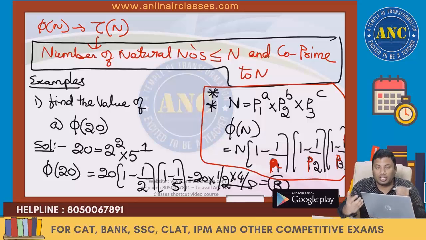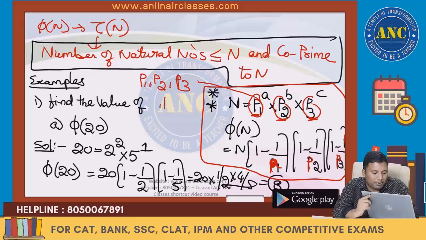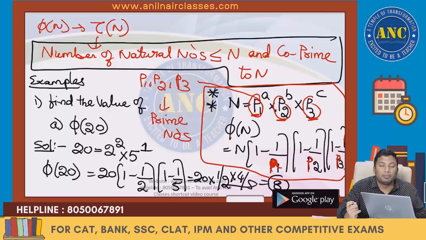There is a confusion in previous textbooks. They write it as ABC. So that's the reason. What are P1, P2 and P3? P1, P2 and P3 are prime numbers.